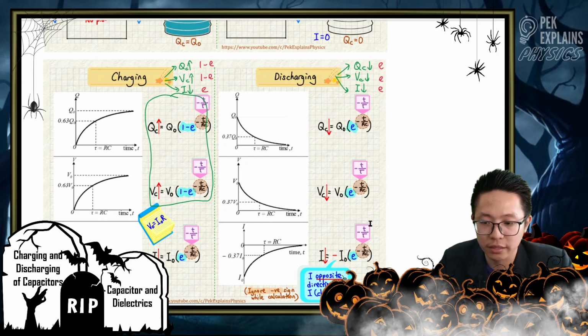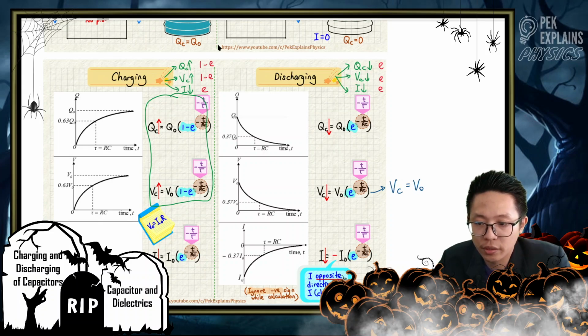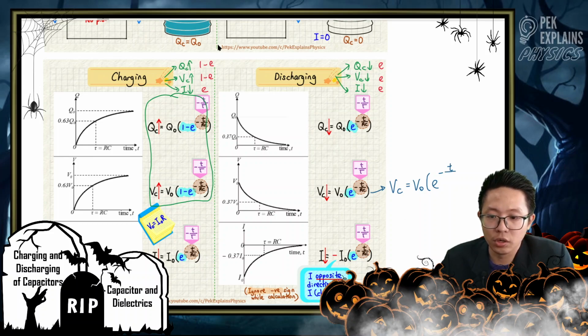This one also negative T over tau. For example, I can write Vc equal to V naught exponent negative T over tau, T over time constant. You understand that? Same goes to all the other formulas.